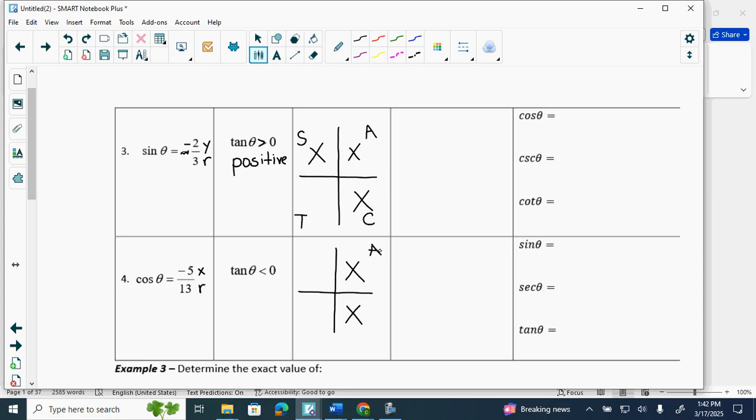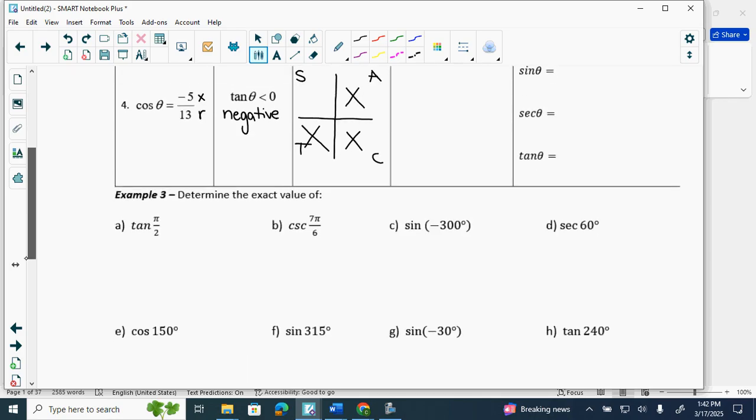Then if I do my CAST, tan needs to be negative for this one. So tan is negative in this one, in S, and in C, correct? So not this one. So where's it going to be? That quadrant, right? So it narrows you down. Okay, so try these out. We're going to go through them tomorrow, and then we're going through this right away as well.